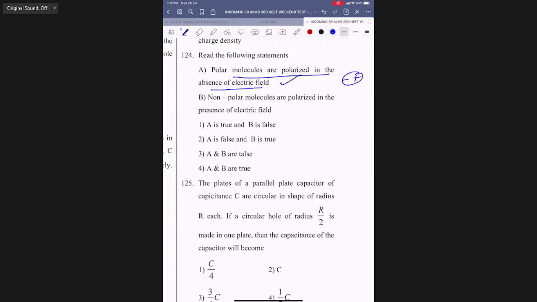Polar molecules are also polarized in the presence of a field. Both are true only, na? Polar itself means polarity is there, meaning the center of positive charge does not coincide with the center of negative charge, unlike non-polar. They will get polarized also in the presence of an electric field, but by default they are already polarized. But non-polar molecules will polarize only in the presence of an electric field.